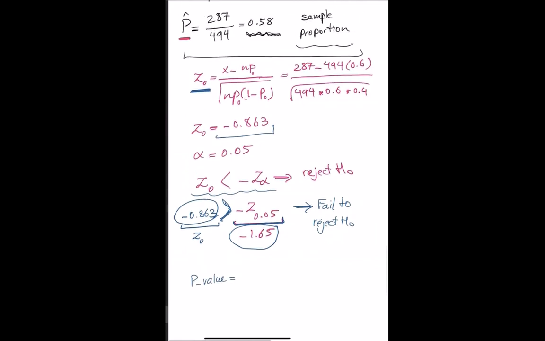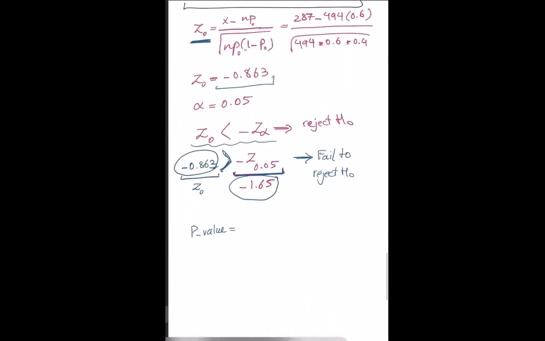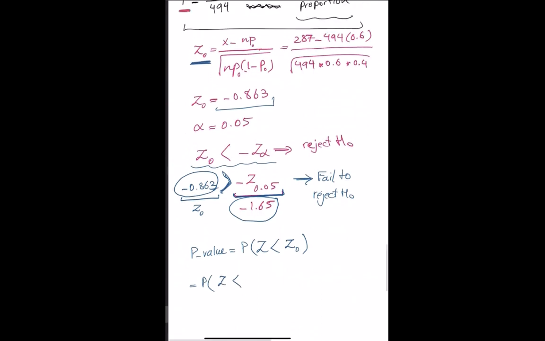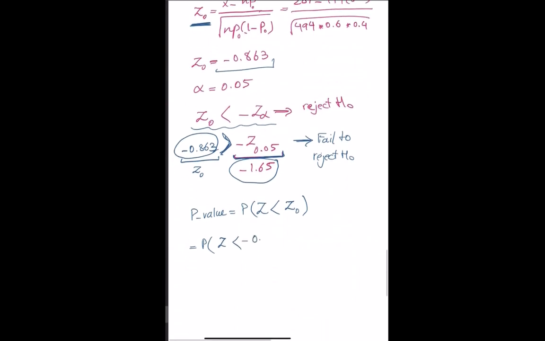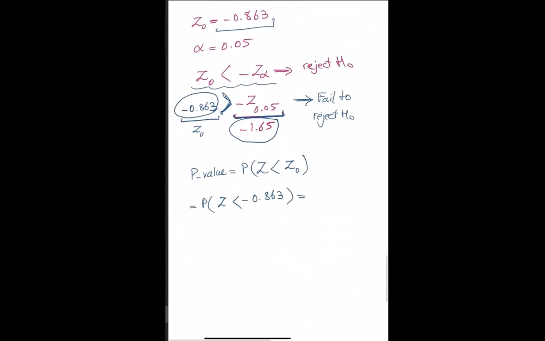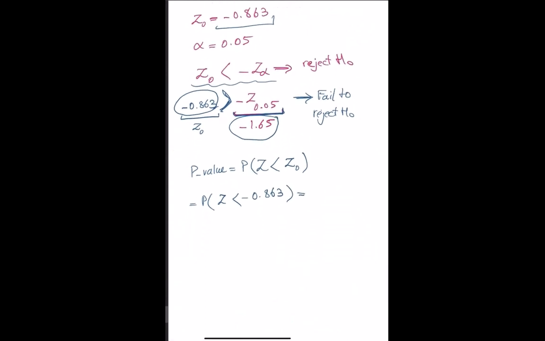So the p-value is, since this is a one-sided test with a lower bound, the probability that z is less than our test statistic. So that's the probability of z less than minus 0.863. And I want to calculate that. So z less than minus 0.86.